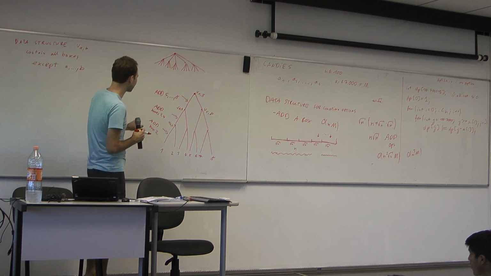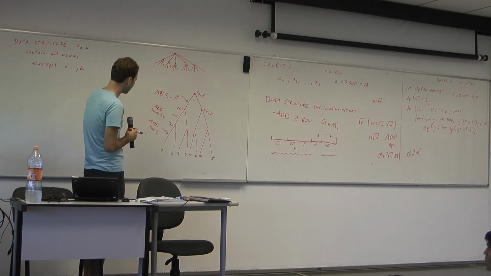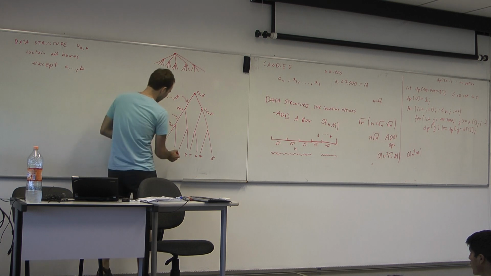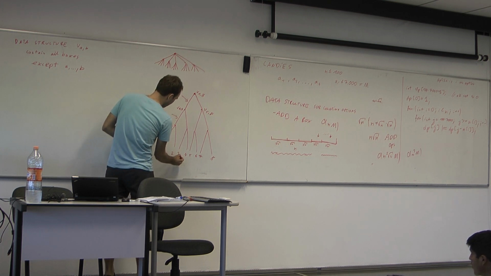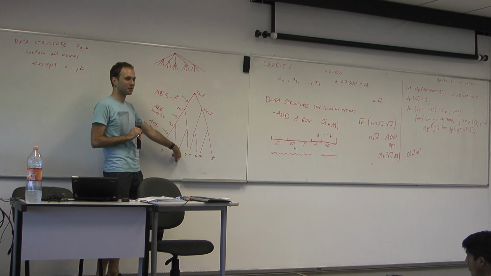Okay, so let us calculate how many add operations we have here. To calculate that, let's focus on some fixed box, like box 3. When do we add box 3?